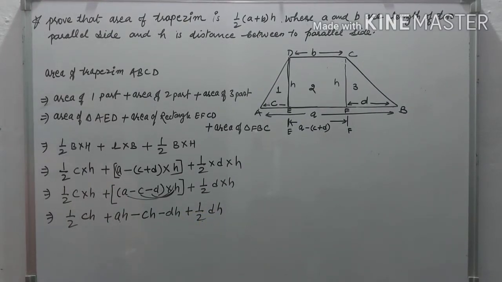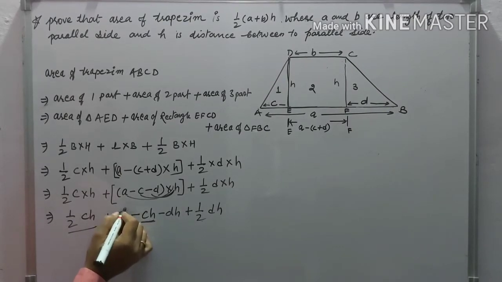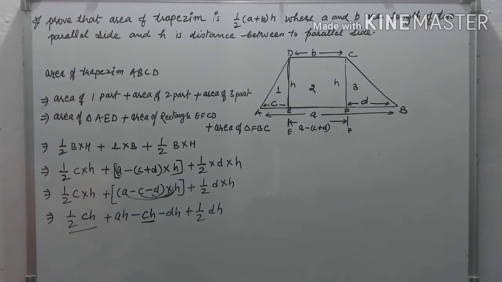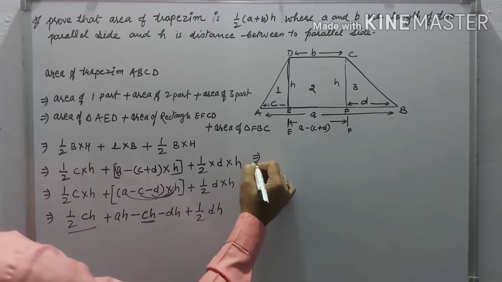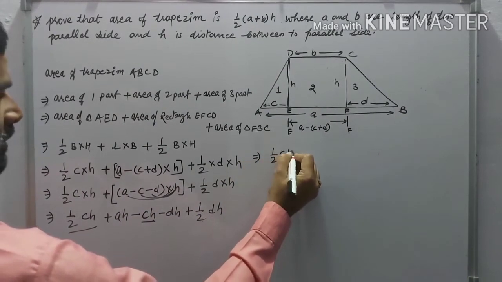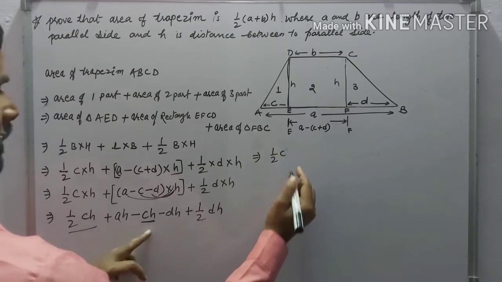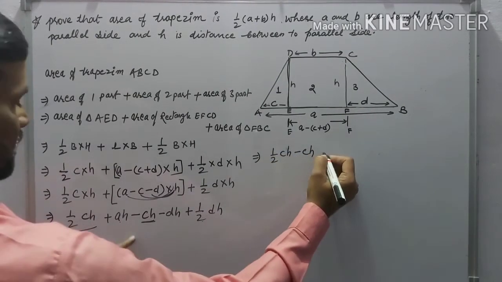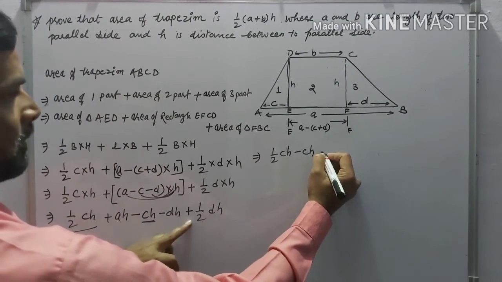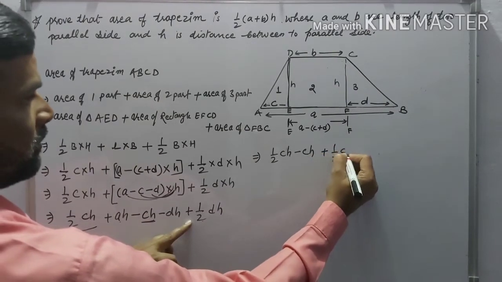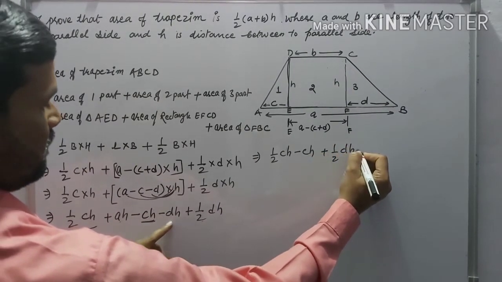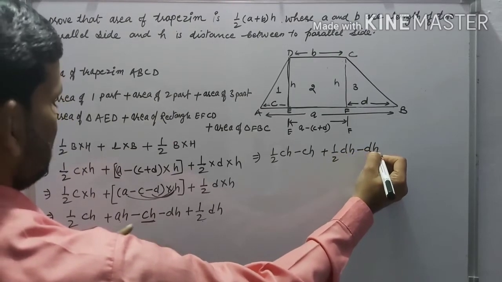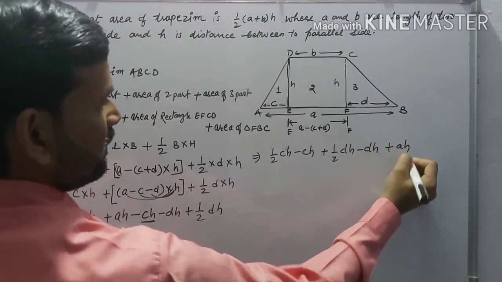Like terms combine, and the only unlike term is ah. So you write 1 upon 2 ch minus ch, the second terms are plus 1 upon 2 dh minus dh, and the last term is ah.